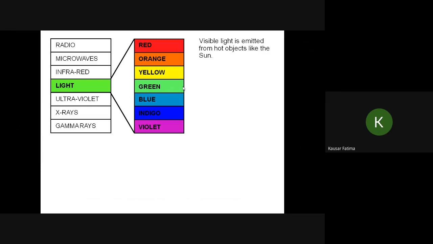It is emitted again from hot objects like the sun and some lamps. The wavelength ranges from 4 times 10 to the power minus 7 meters to 7 times 10 to the power minus 7 meters. Red has the longest wavelength amongst all these 7 colors, and violet has the shortest wavelength.